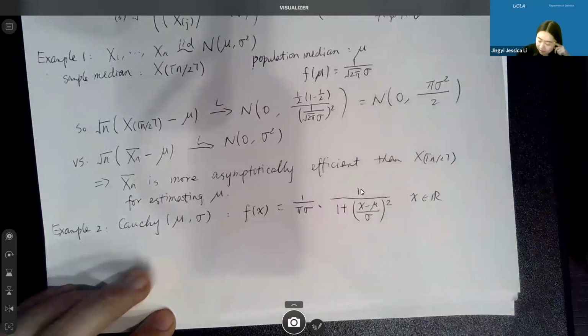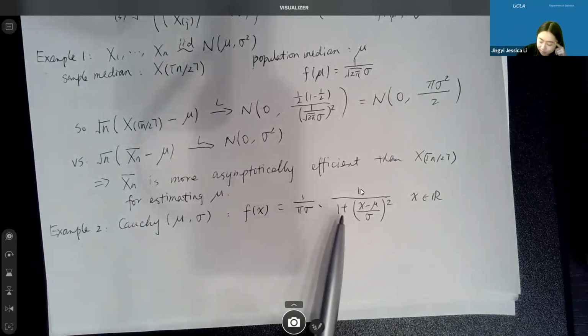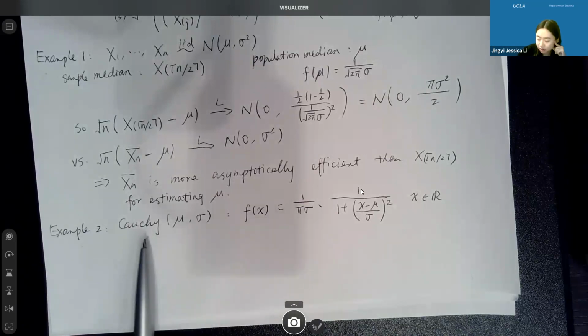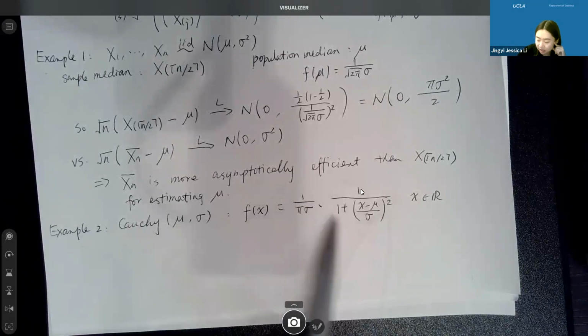So in this case, interestingly, if you just want to simply take the expectation of a random variable following Cauchy, then you would do the integration of x times this density dx, but you will not actually have a finite integral. So that's why the Cauchy distribution doesn't have finite moments.